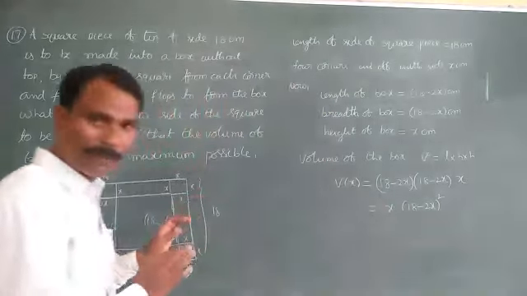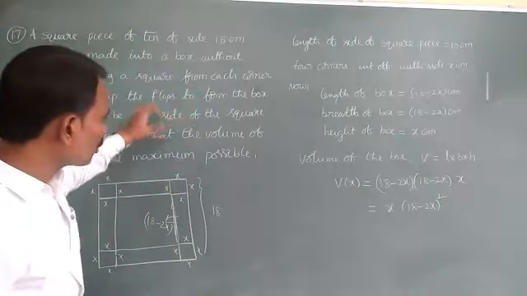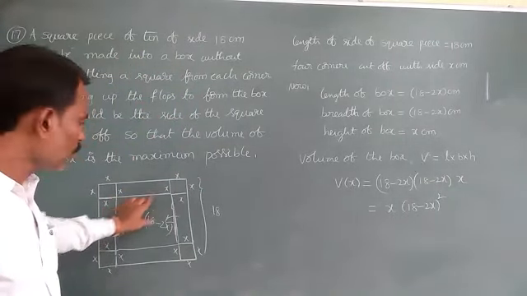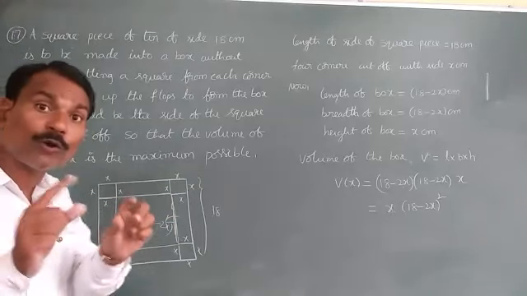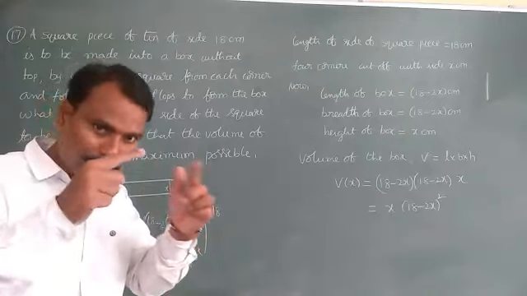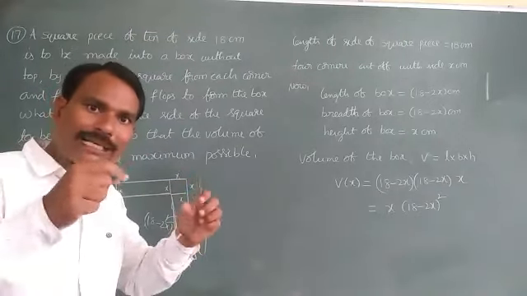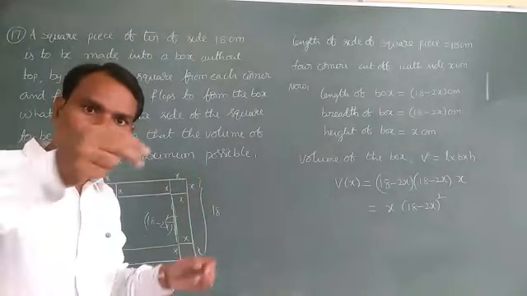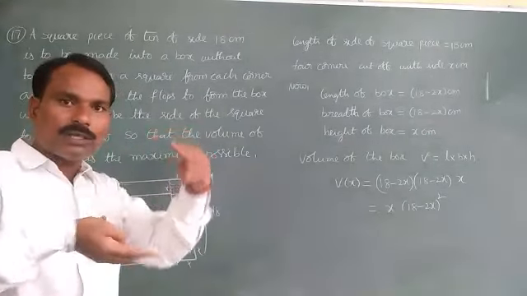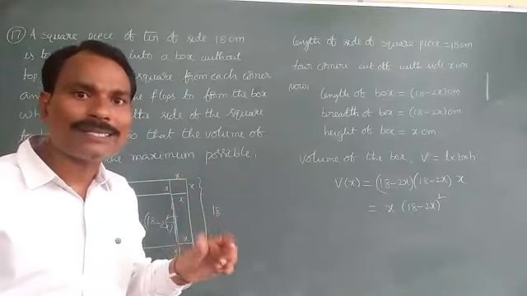Up to now what we completed, by reading the question, is just a rough diagram for understanding. Four corners we removed, four square pieces, from the square sheet. In the four corners we removed square pieces and then we folded like this. So now it is a topless box.